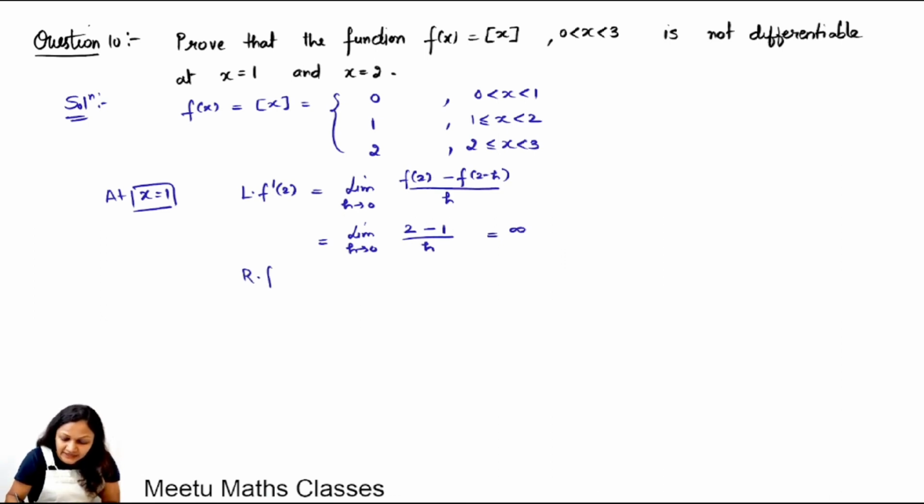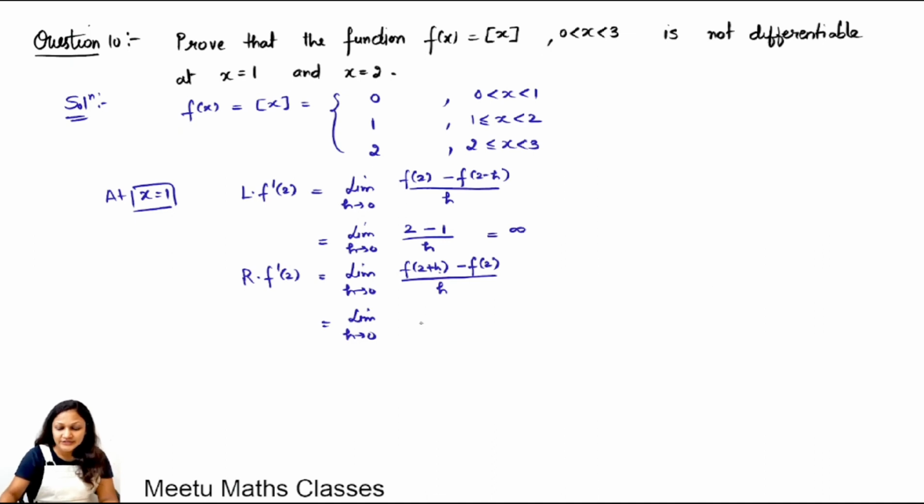And the right hand derivative at x equals 2 is limit h tends to 0 of f(2 plus h) minus f(2) upon h, and to the right of 2, your function definition is 2, and at 2, f(2) is also 2, upon h, and 0 upon h will give you 0.